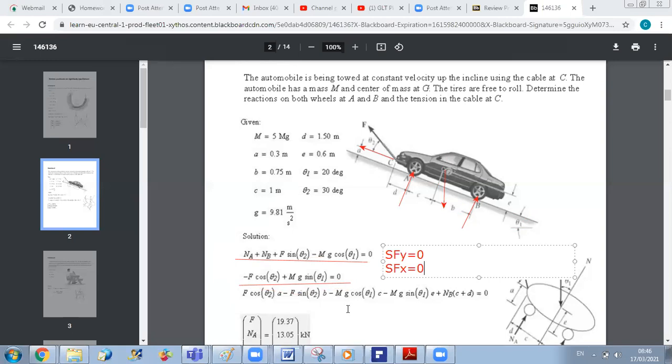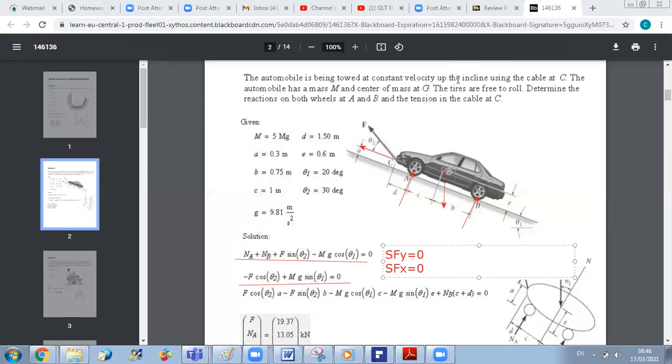The third relation needed requires to do sum of moment about a certain point. You can select any point you want in your figure. Okay, and here, for example, if we select point A, if you want to do sum of moments about A, what will be your result?